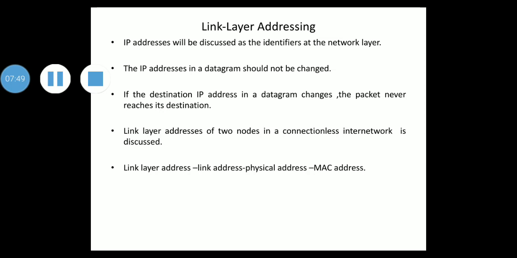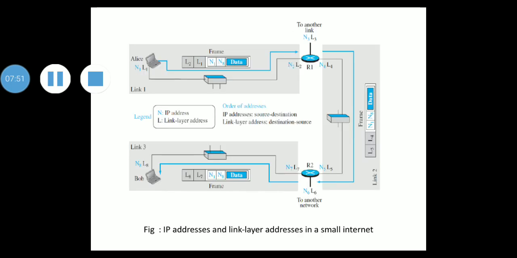When a link is controlled at the data link layer, the addresses need to belong to the data link layer. When a datagram passes from the network layer to the data link layer, it is encapsulated in a frame and two data link addresses are added to the frame header.